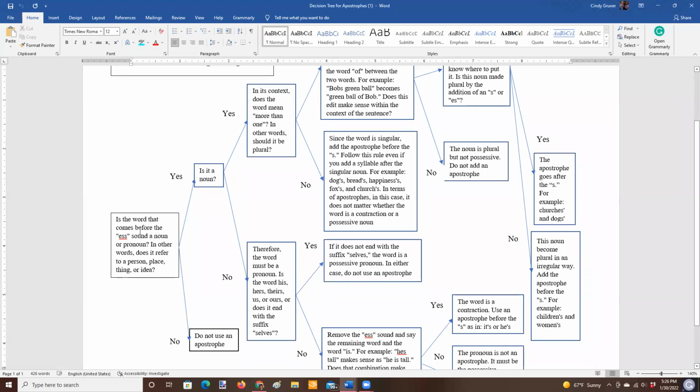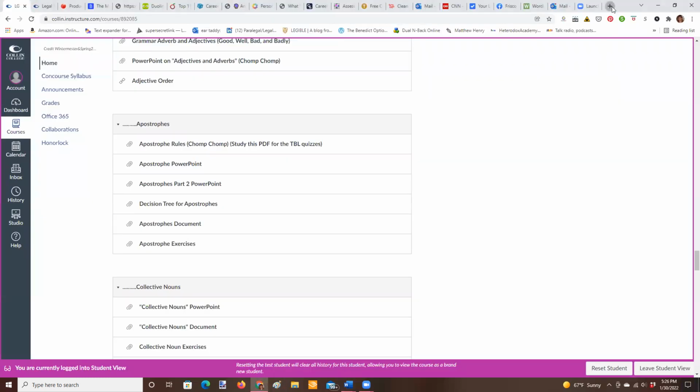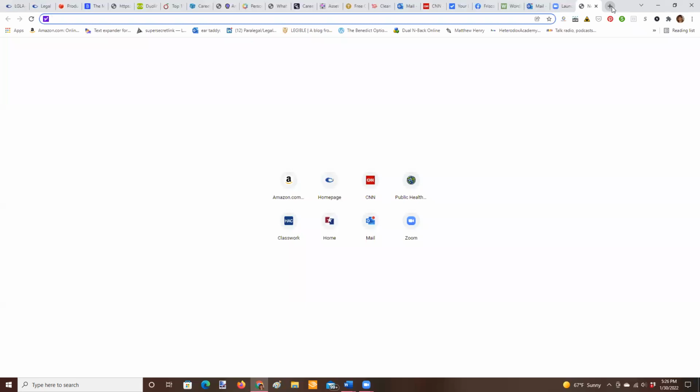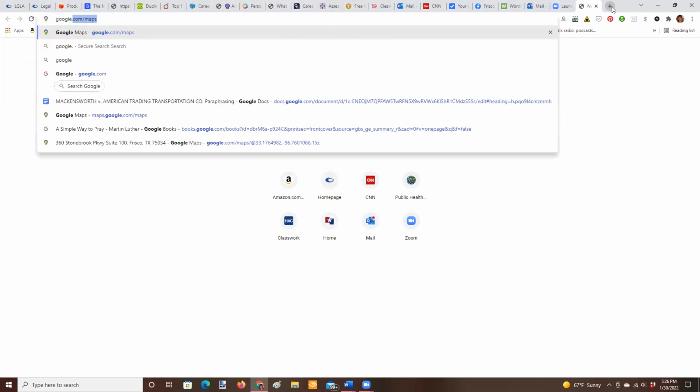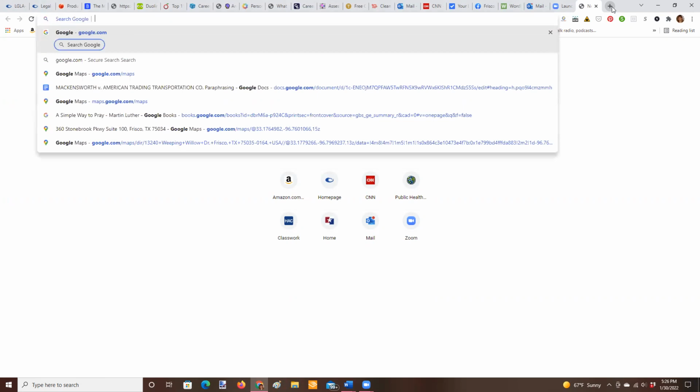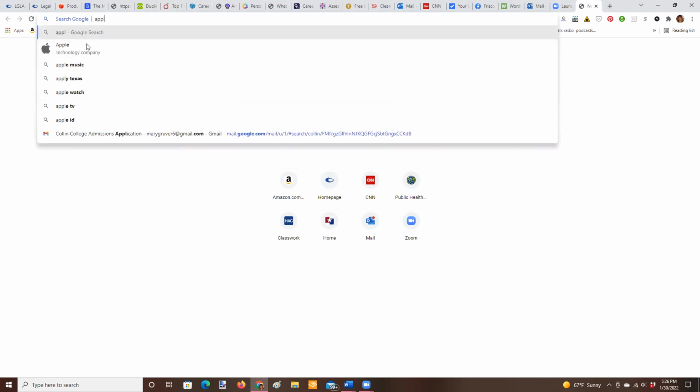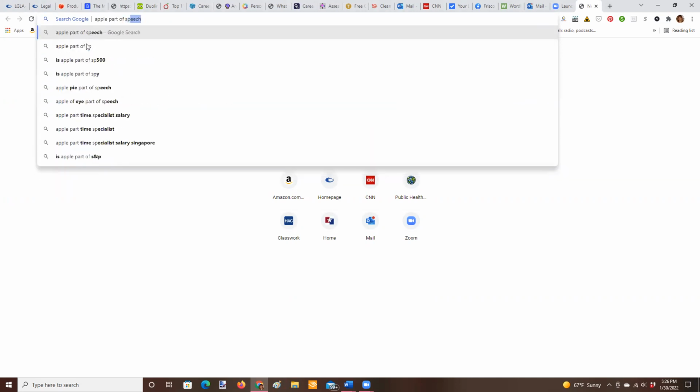So is the word that comes before the S sound a noun or pronoun? If you don't know your parts of speech, what you can do here is you can go to Google. I prefer Google to Yahoo, so I'm going to switch here. And I'm just going to type in apple, part of speech.